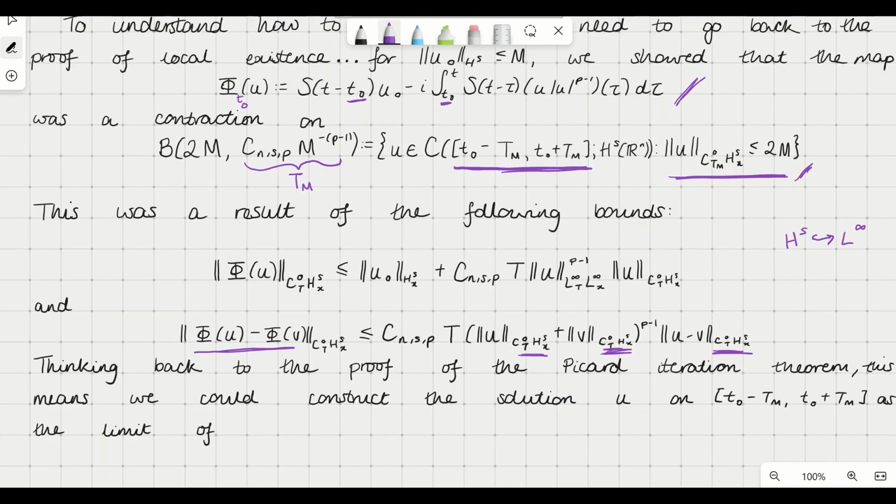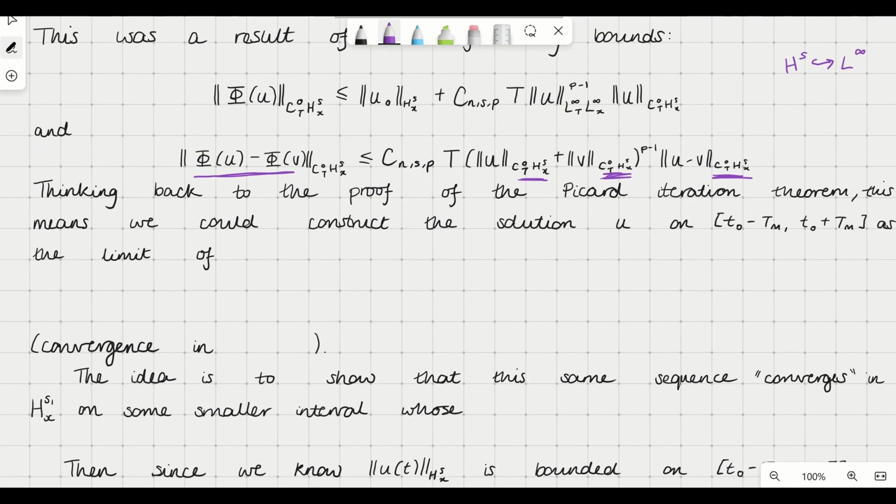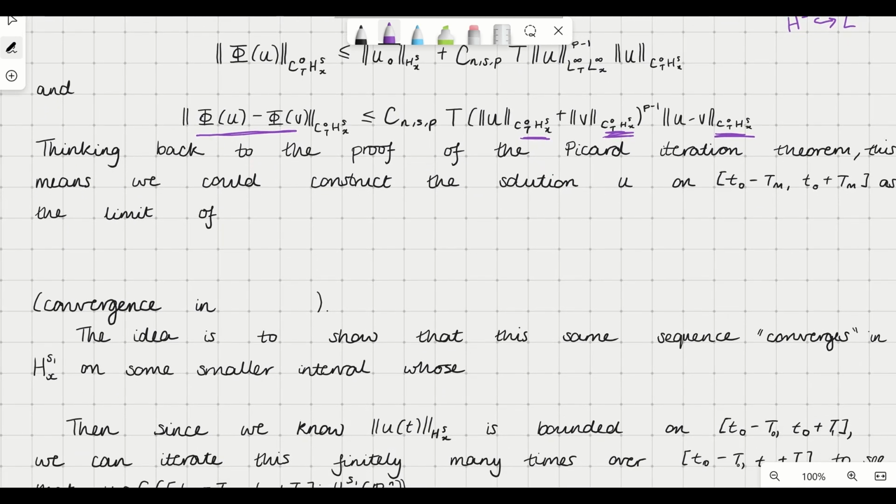Okay, so this was enough to show us that we had a contraction map on this ball. If we think back to when we first proved the Picard iteration theorem in our first or second analysis course, this meant that we could construct that fixed point as the limit of iterates of the map phi. So we could choose some initial point u0 in that ball. Let's call this S(t minus t0) u0, the free evolution of the initial data.